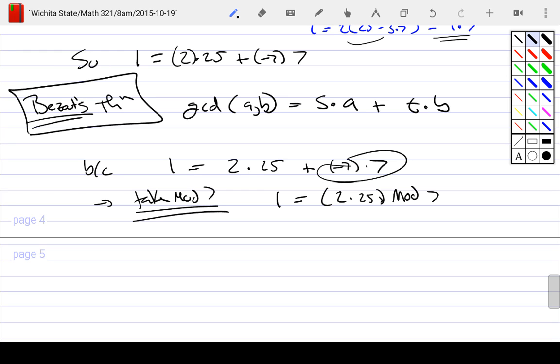But what is this? What's that mod 7? It's 0. It's a multiple of 7, right? Its remainder is 0. So what did I just show 2 and 25 are under modulo 7? 2 times 25 will always spit out a 1 under modulo 7. So what would you say 2 and 25 are mod 7?